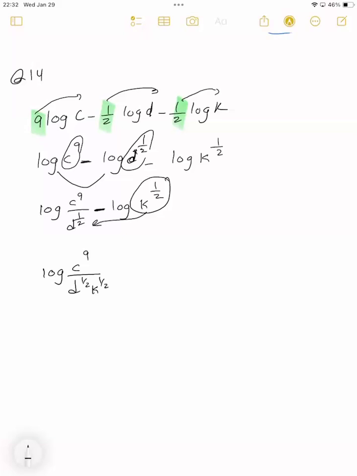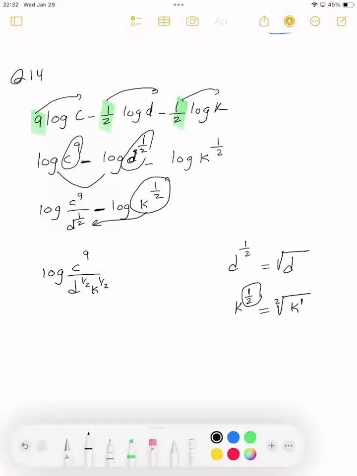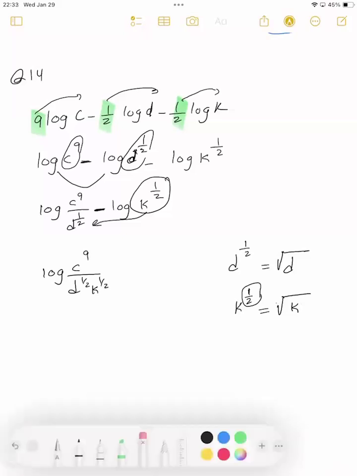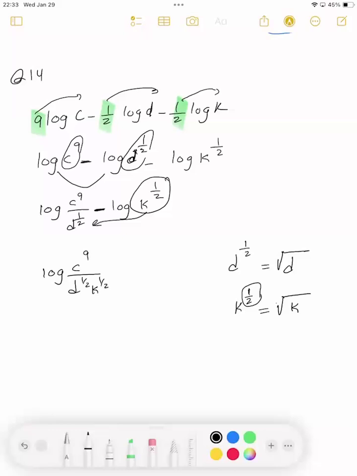And remember, if you have d to the power 1/2, you can write it as a square root of d. If you have k to the power 1/2, you write a radical because of that. You put k here. The exponent of k is 1. The root is 2. But when the exponent is 1 and the root is 2, we know that is true by default. You don't need to write it. Another property is that they're being multiplied by each other.